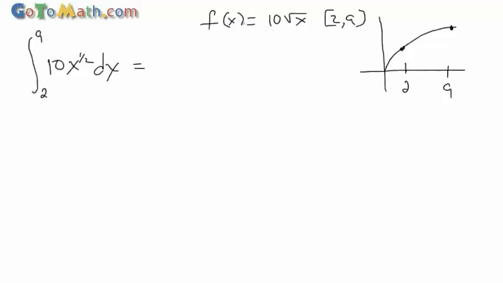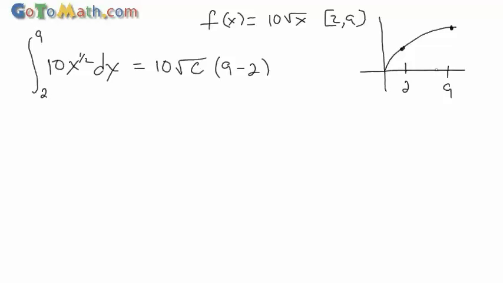I about said the derivative. We're plugging c in for x, so we have 10 times c, and then we have b minus a, so this would be 9 minus 2.